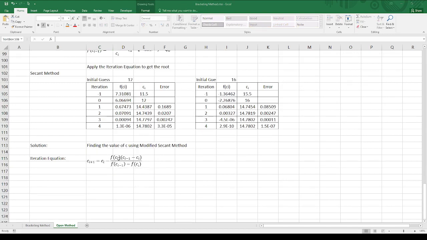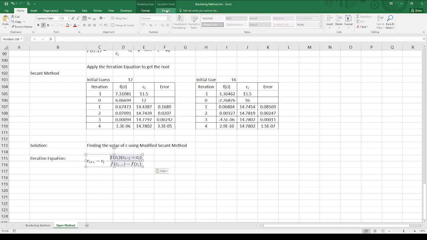minus, yeah, perturbation factor times, is this it? C sub I, let me confirm. Yeah, your perturbation factor.